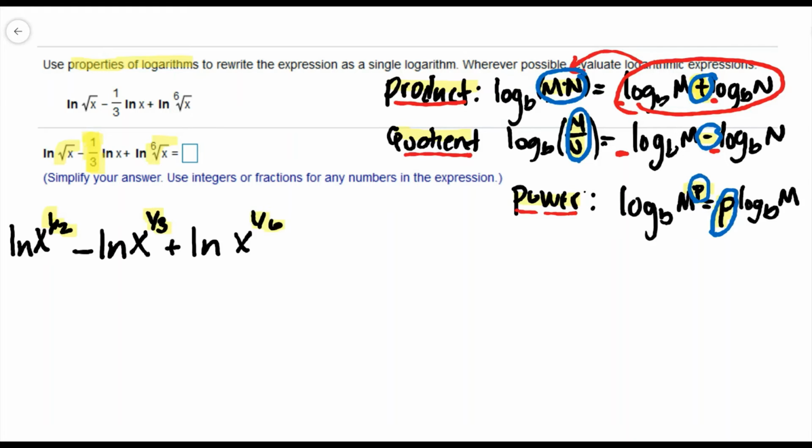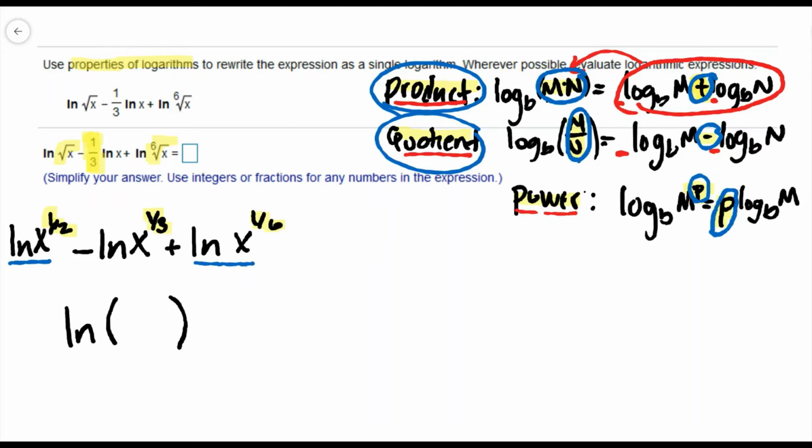Now that I don't have any more coefficients on the logs, I can use the product and quotient rule to condense to a single log. All of these are natural logs, so that's the log I'll condense to. And inside that log, you're either going to have products or quotients, and sometimes you might have both. So we notice that this log and this log are both positive, but this log is negative.